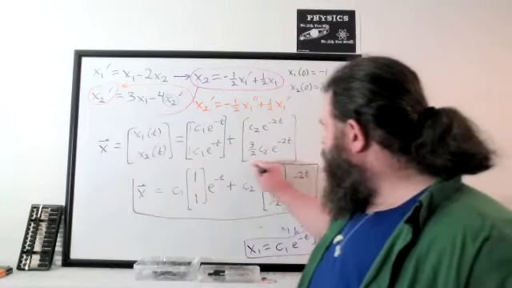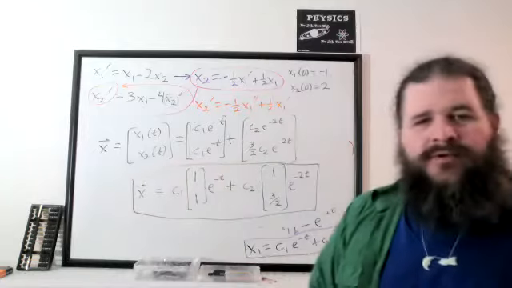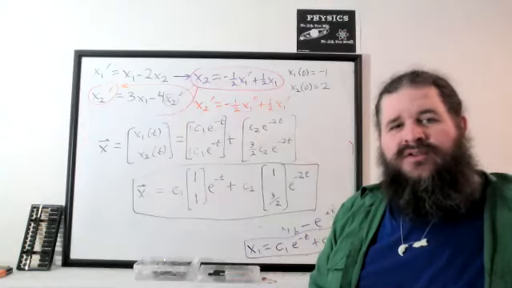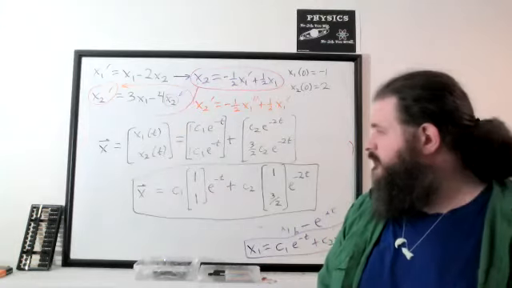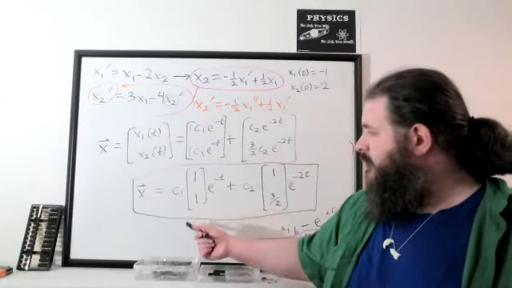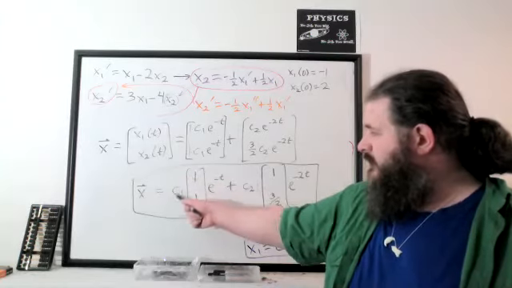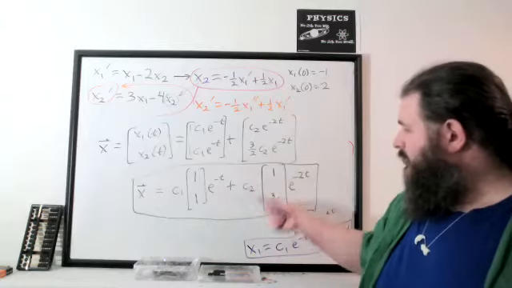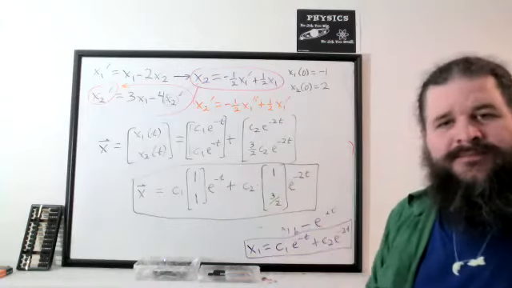And this is typically the sort of format you get for solutions to systems of differential equations. If you've got a system of 2 differential equations, 2 unknown functions, your solution is typically going to look like some constant times a constant vector times a function, plus some other constant times a constant vector times a function.